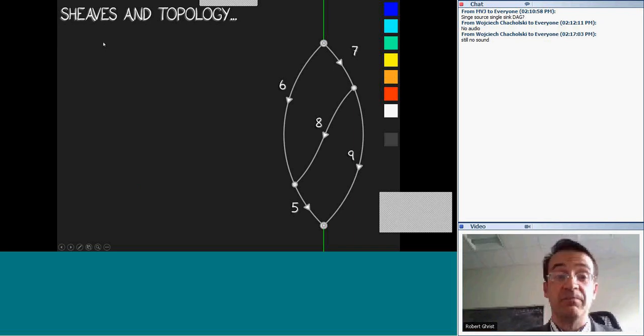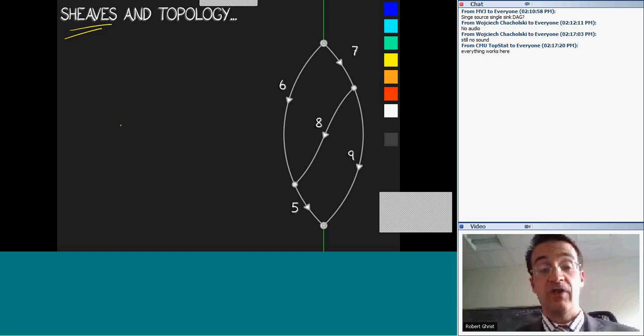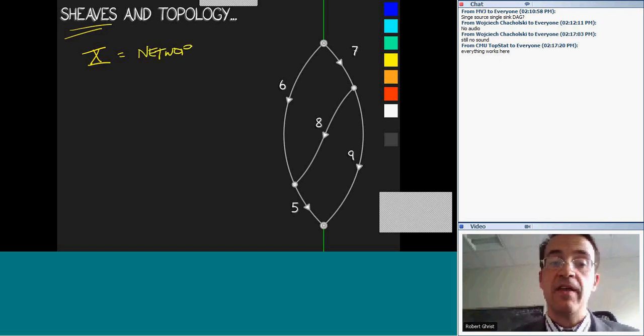Let me talk a little bit about the topological approach to this and why I think that sheaves are really the relevant tool for understanding or addressing this. If you think about your graph or your network as a space, then it has the structure of a cell complex, where we have vertices and we have edges.